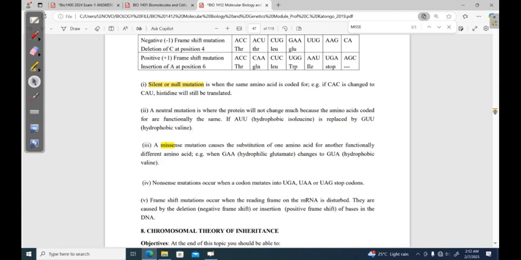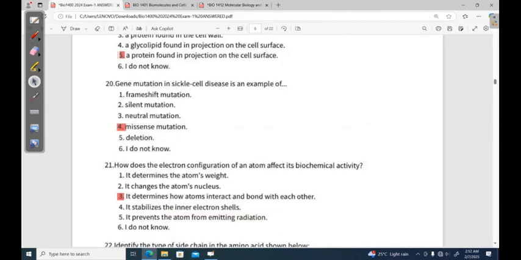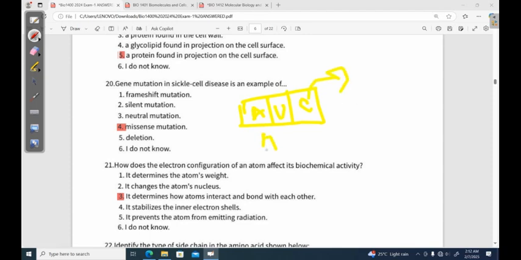Why is it a missense mutation? It's because when there's a change in that base, for instance, maybe AUC, when you change cytosine to adenine, it's AUA, this changes the amino acid into a totally different one. That's what happens in sickle cell diseased patients, where you have a different amino acid.